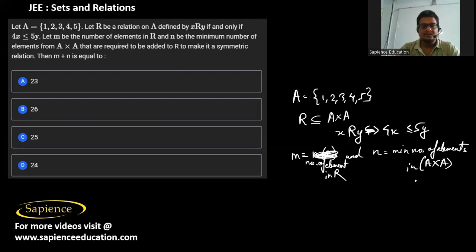Minimum number of elements in A cross A that are required to be added to the relation R to make it a symmetric relation. Then m plus n is equal to?